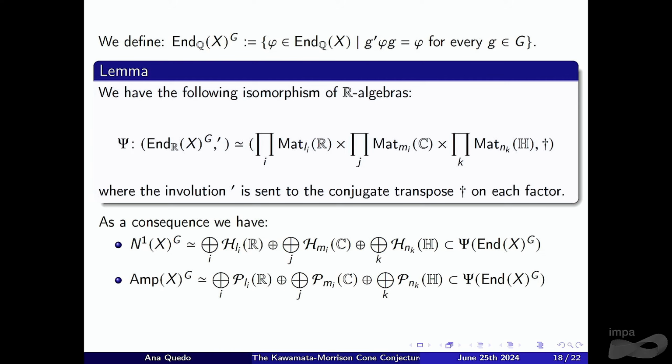So first, who are the N1G? They are the elements that are preserved by the Rosati involution inside here. And who are the elements that are preserved by the conjugate transpose on each factor? They are the symmetric matrices. The second one is the same thing.